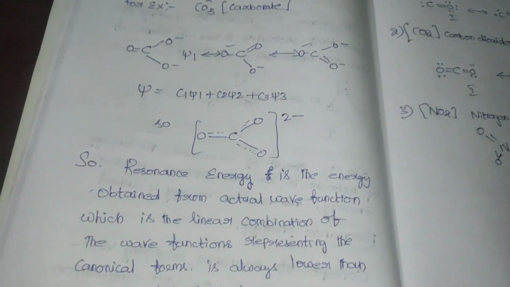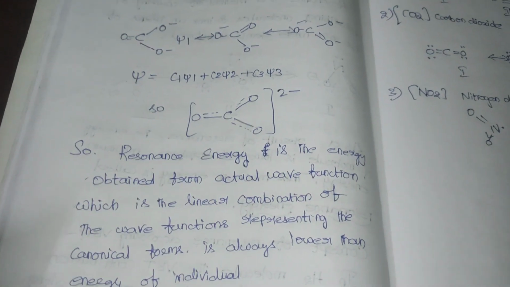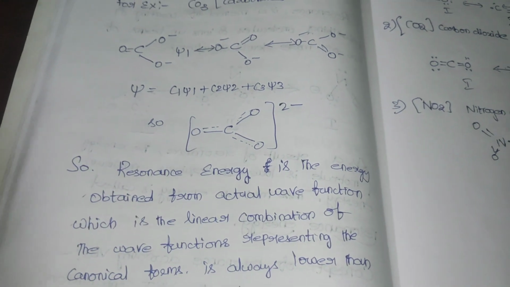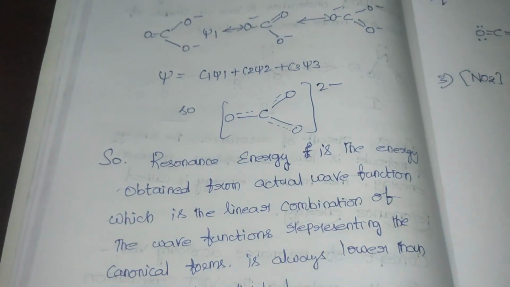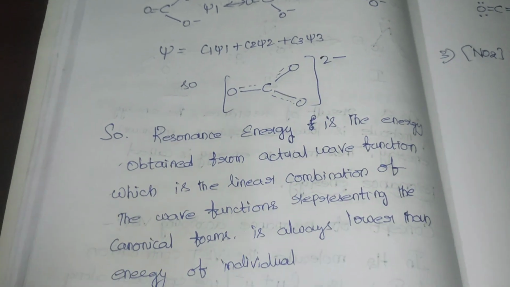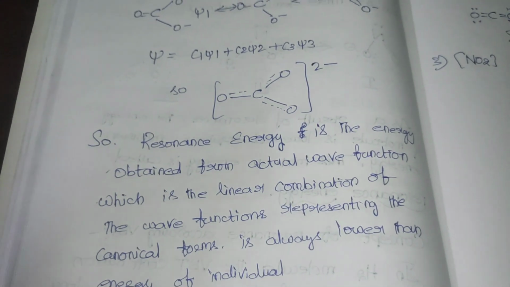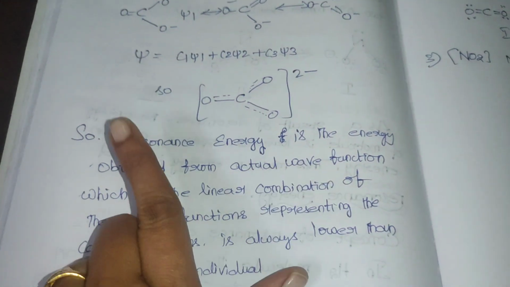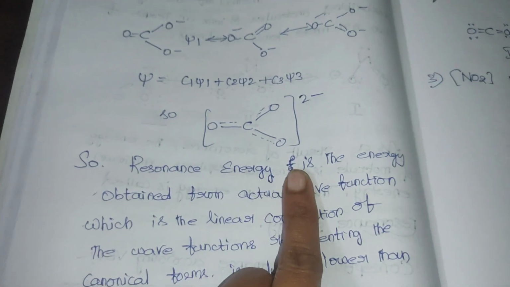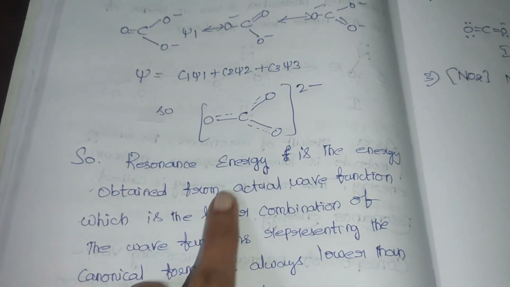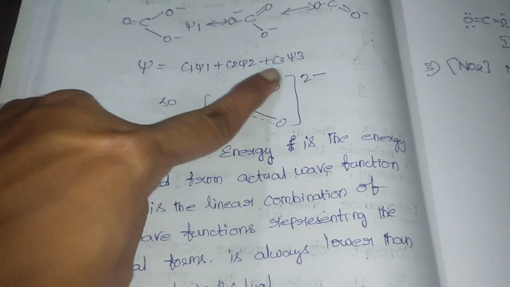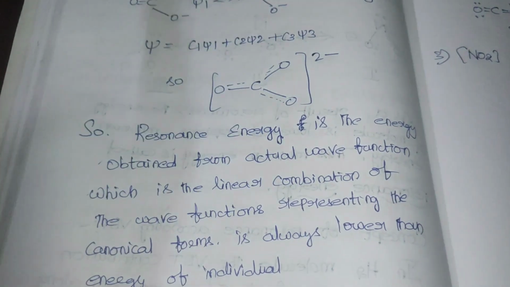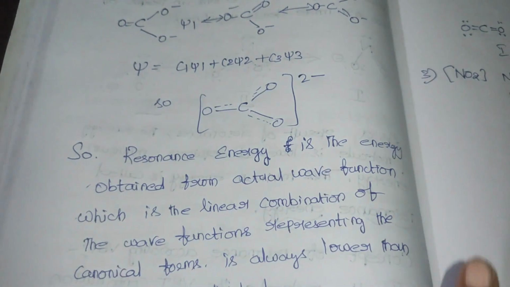We already know that resonance energy is the minimum energy acquired, obtained after we combine all the resonance structures. So we can say resonance energy is the energy obtained from the actual wave function, which is a linear combination of the wave functions representing the canonical forms.